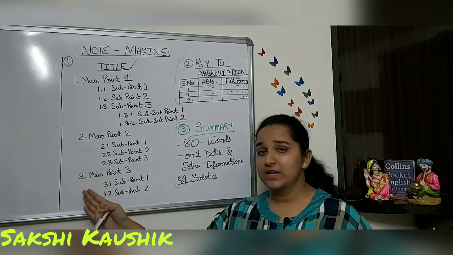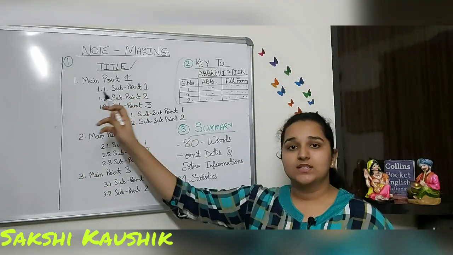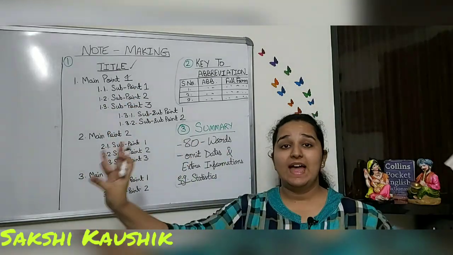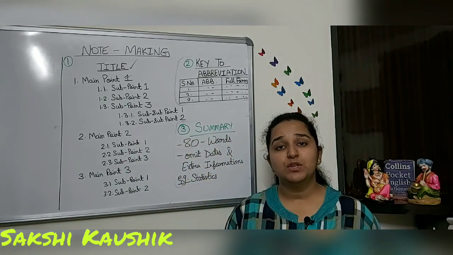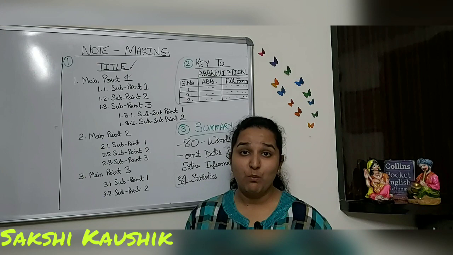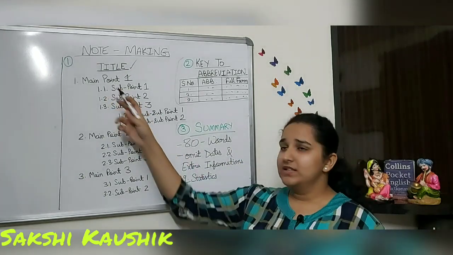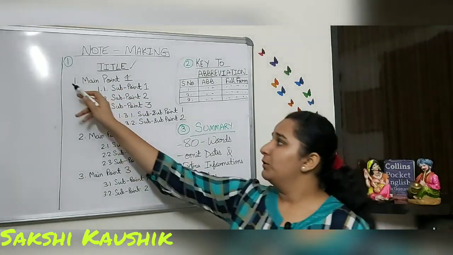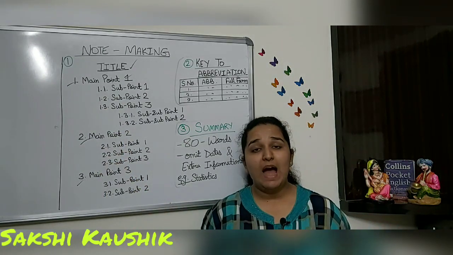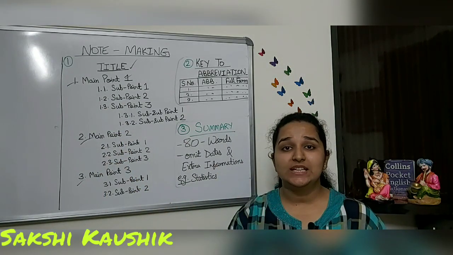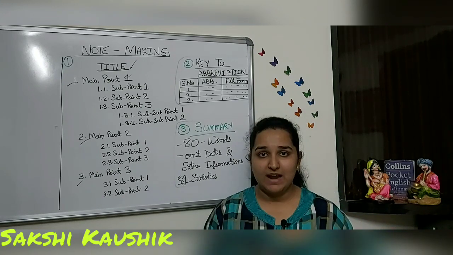The second step, as you can see, there are main points. The main point is the major heading that you want to give, a major heading under which you would put some other things. So in order to identify your main points, what you have to do is identify the major themes that are there in your paragraph.